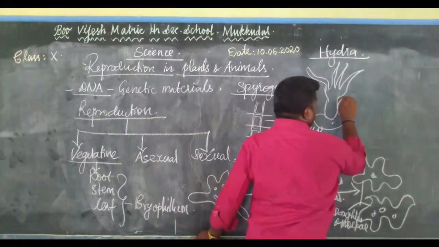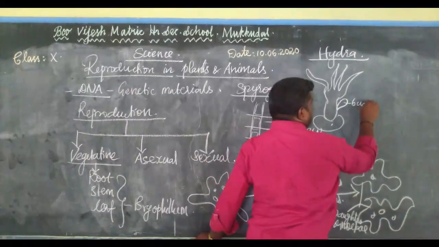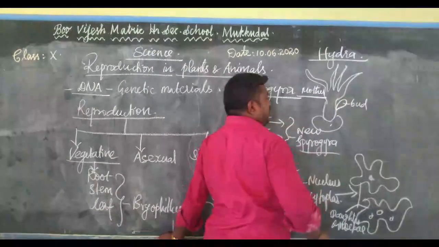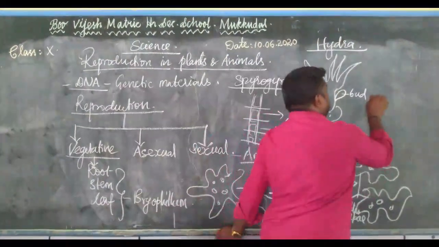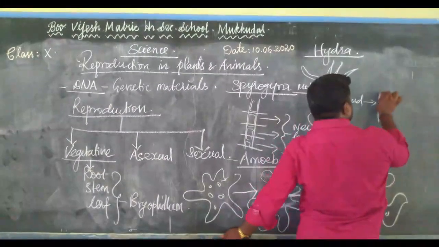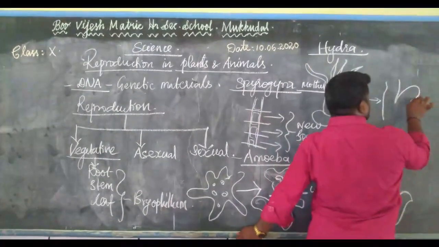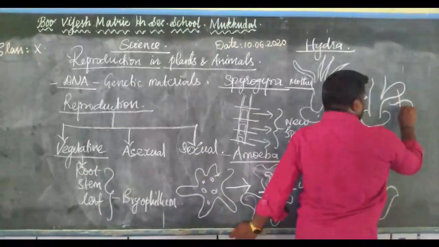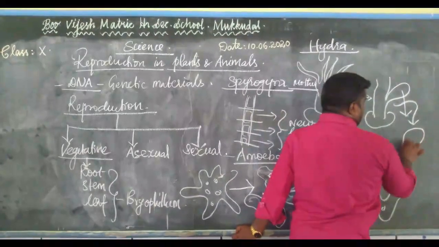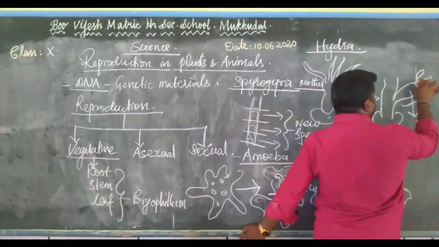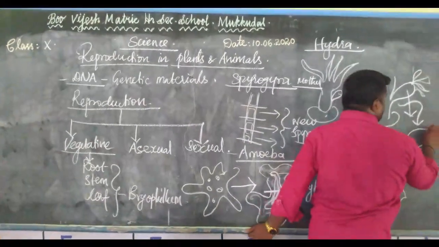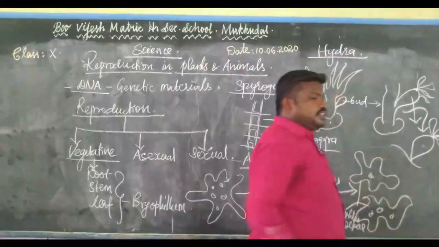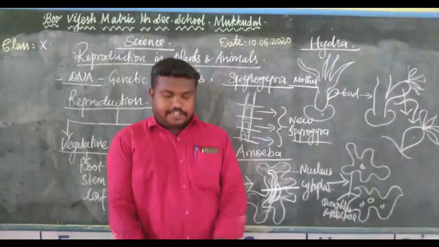First a small bud arises from the mother hydra. After the maturation of the bud, it is detached from the mother and falls onto the substratum. Then it produces the tentacles and all parts of the mother, and becomes an independent life. So this is known as budding.